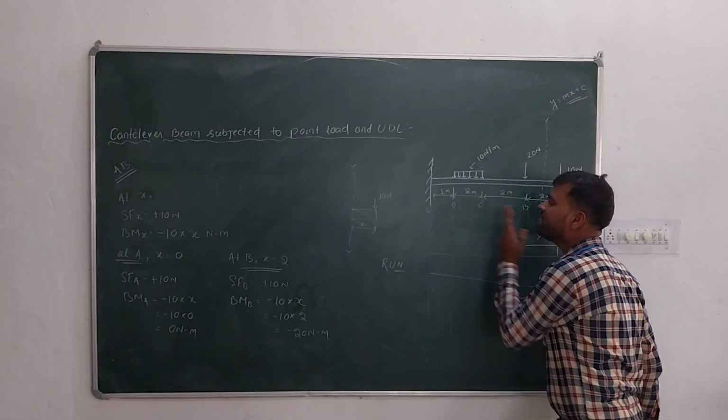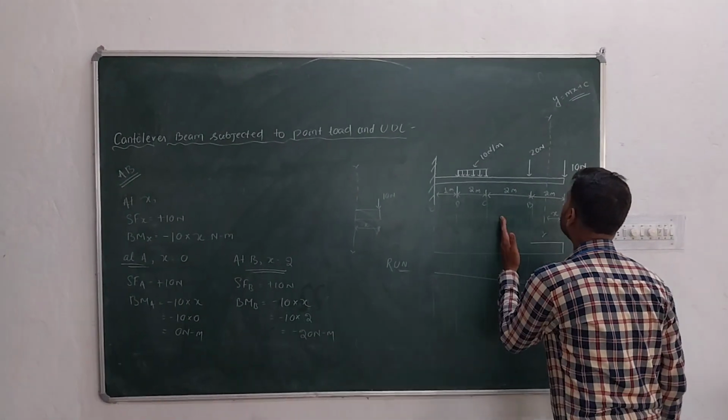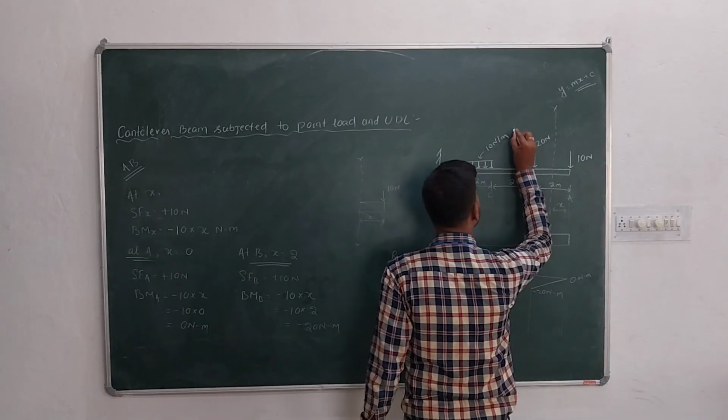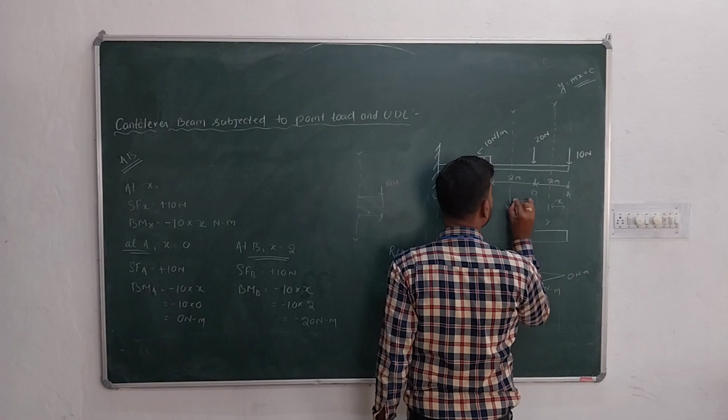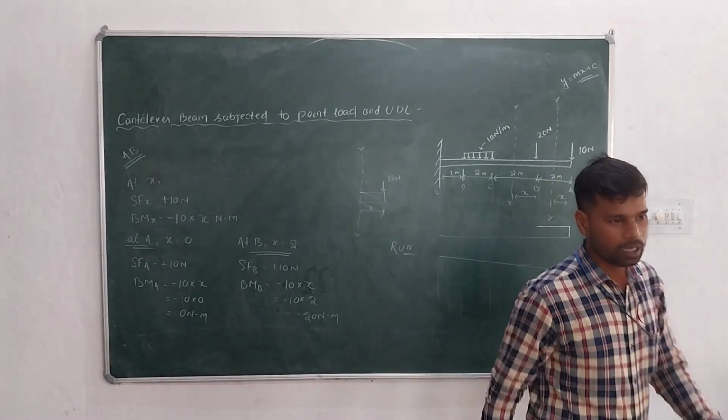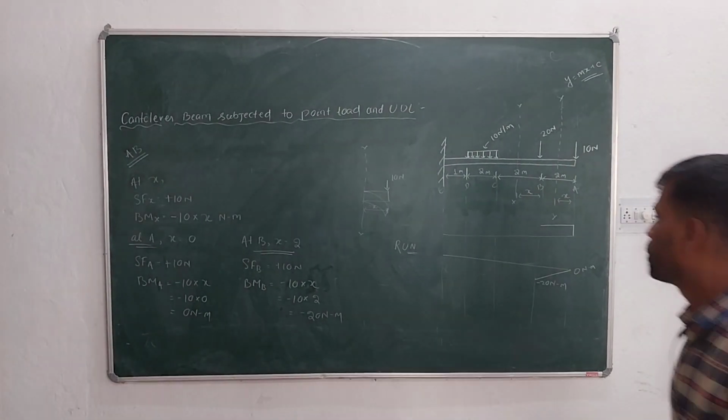Now let us go to the BC. Whenever we are going for the BC, let us take a cross section XX at a distance of x from B. Draw here.